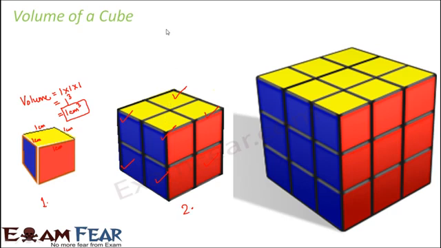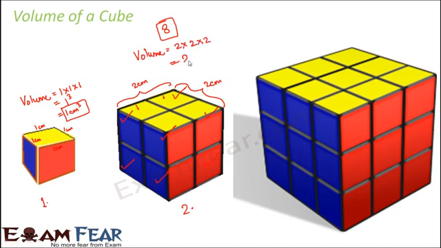So here you have a total of 8 cubes. These 8 cubes together form a bigger cube, because now the length of each side is not 1 centimeter. Instead, it is 1 plus 1, that is 2 centimeter. So the volume of this cube would be 2 into 2 into 2, that is 2 cube, which is equal to 8 centimeter cube.